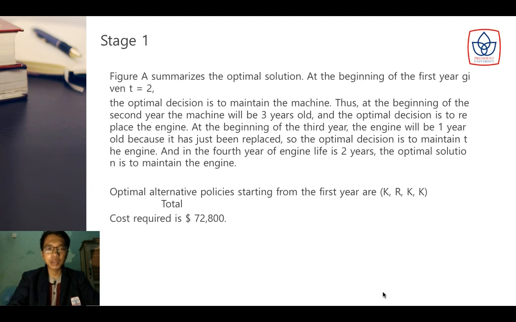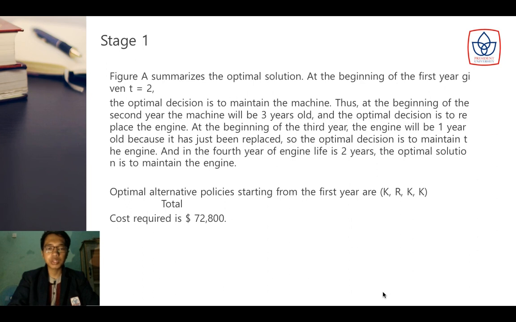Figure A summarizes the optimal solution. At the beginning of the first year, given t, 2, the optimal decision is to maintain the machine. Thus, at the beginning of the second year, the machine will be 3 years old, and the optimal decision is to replace the engine. At the beginning of the third year, the engine will be 1 year old because it has just been replaced, so the optimal decision is to maintain the engine, and in the fourth year the engine life is 3 years.